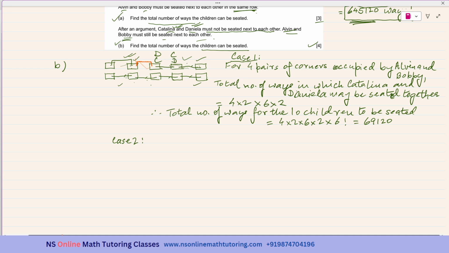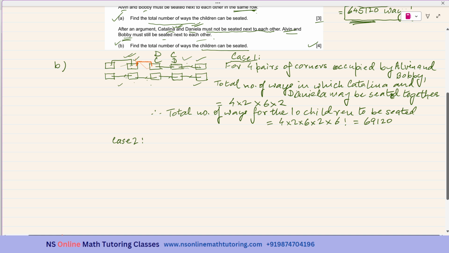That will be taking time, and if I don't take a different color, I may get confused. During the time of examination, you are in a hurry, so it is better to take a separate color. So you should be taking one black pen, one blue pen, and one pencil for having at least 3 colors. Okay, so this is Alvin and Bobby in one of the 2 middle seats.